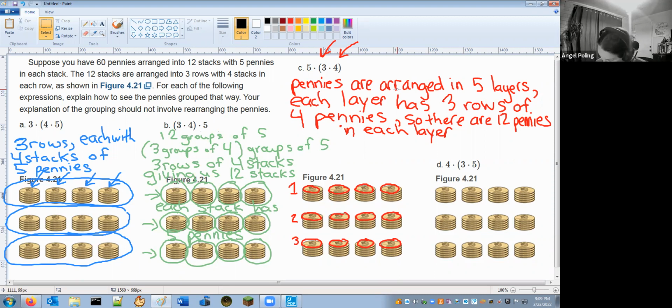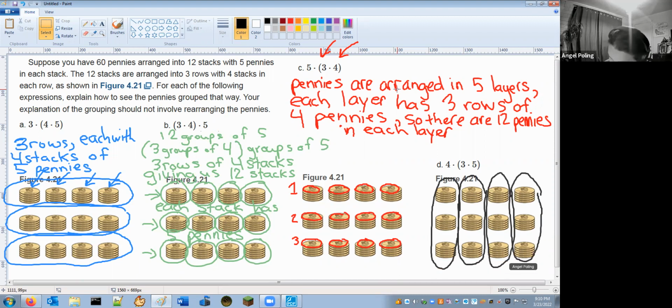Okay, let's look at D. D's back to something like A. So 1, 2, 3, 4 columns, right? So for D, scoot it up a little, give myself room.